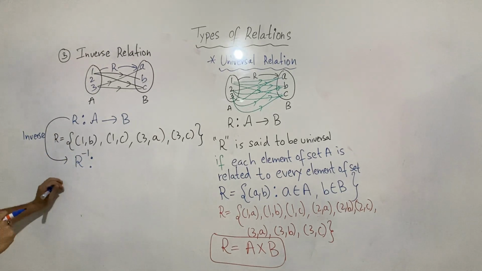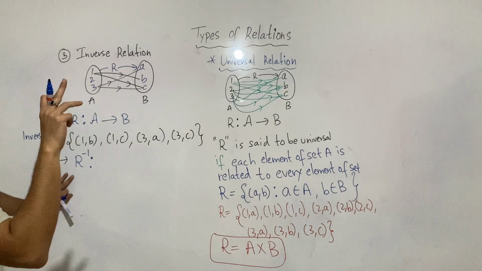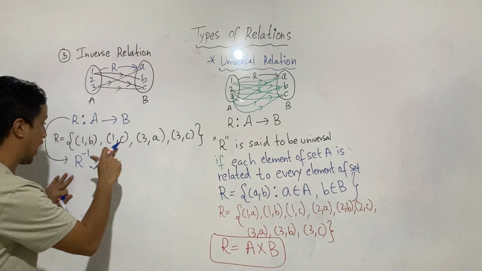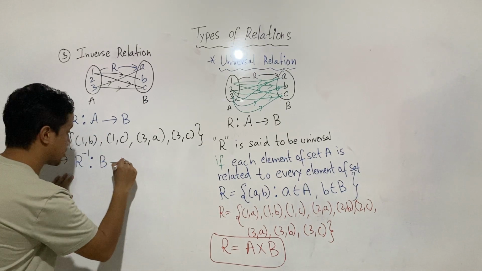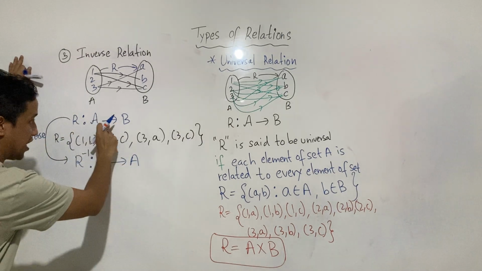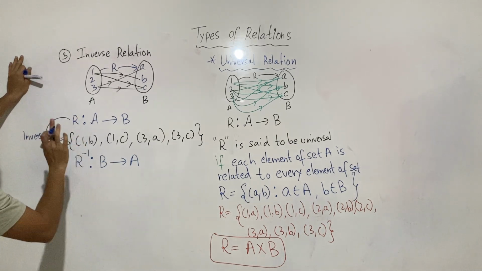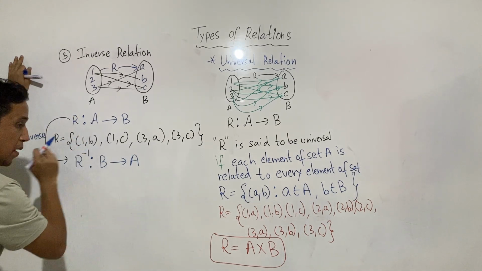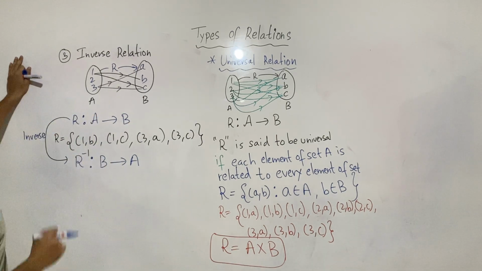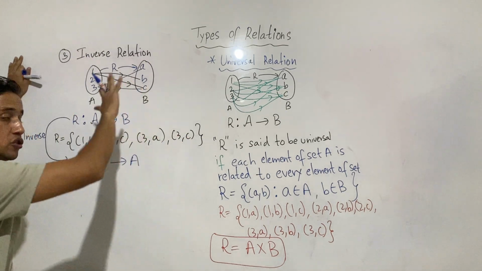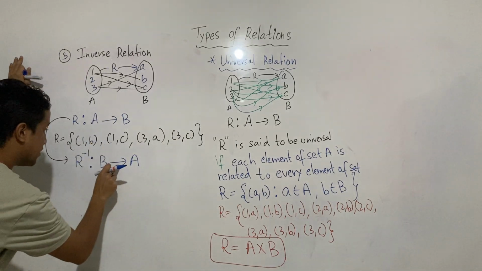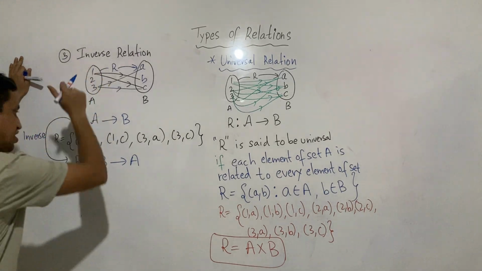This inverse relation is going to be defined from set B to set A. Our relation was defined from set A to set B; the inverse of this relation is denoted by R minus 1, and it is defined from B to A. So we are just doing the inverse. Understand? So if this is R inverse, then what does it mean?